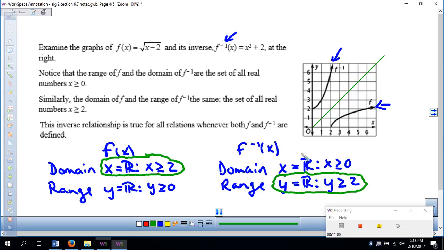And the domain for f inverse, which we'll highlight here in red, x is greater than or equal to 0, is the same as the range of f, but in terms of y. Y is greater than or equal to 0. So if I give you the domain of f and the range of f, you should be able to tell me the domain and range of f inverse, because the domain of f inverse should be the same as the range of f, and the range of f inverse should be the same as the domain of f.